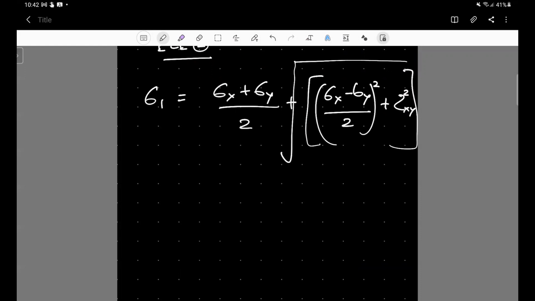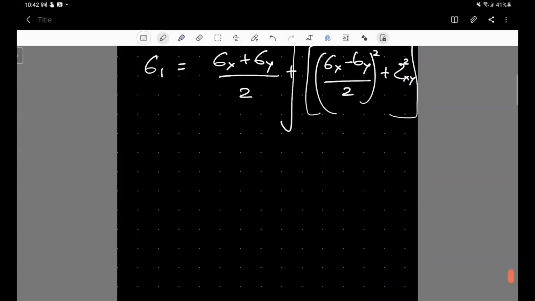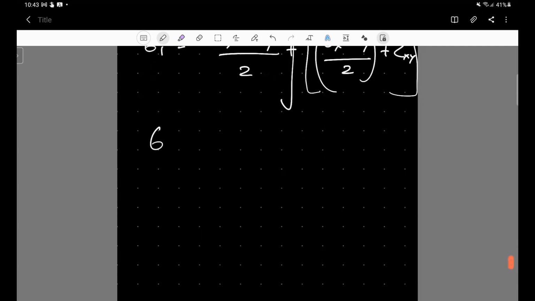So the two normal stresses would be with the plus sign, and with the minus sign you would obtain sigma 1 to be 995 pounds per square inch.